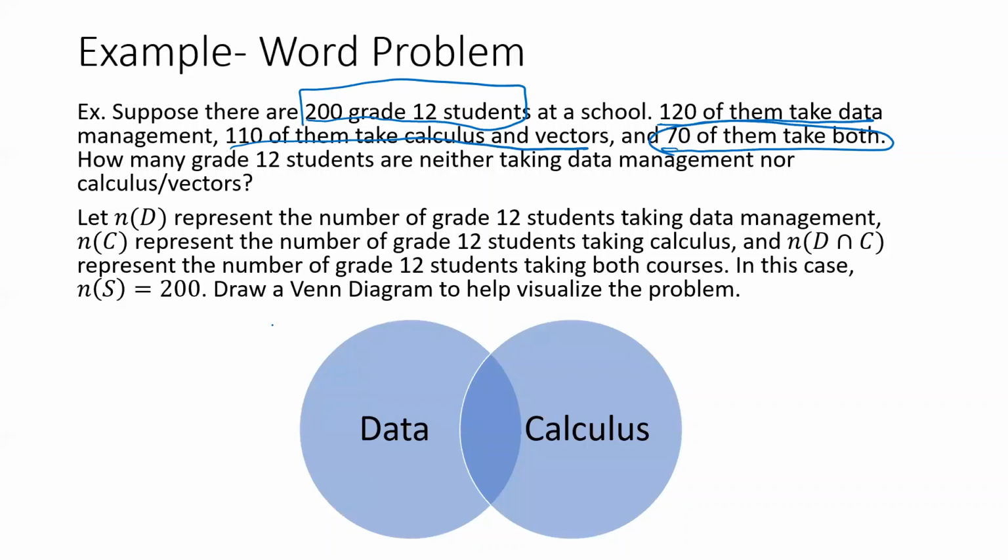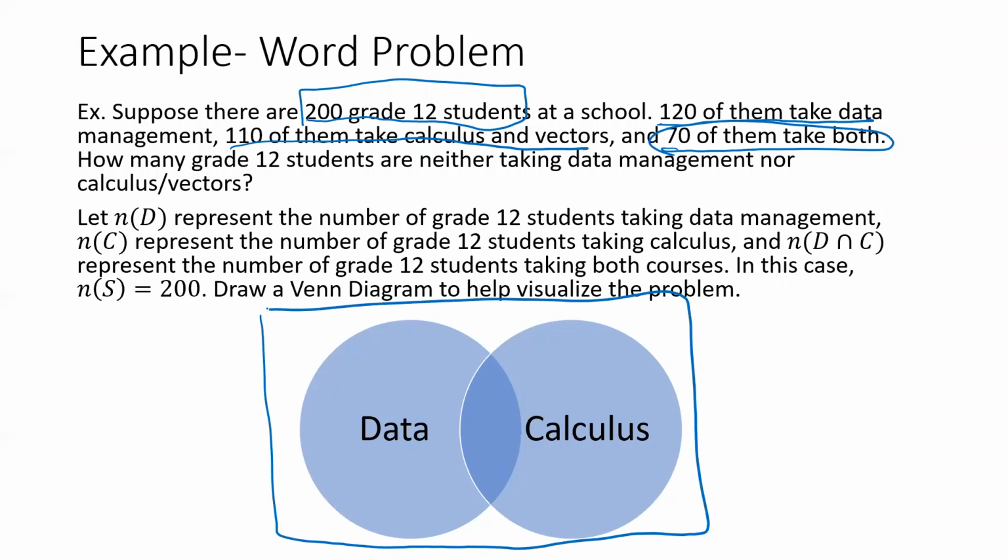First thing I would do is put a nice little rectangle around it, because this is going to represent the sample space. We know that the total sample space is 200. And what else are we given? We're told that the students that take data management, so this whole little group here, is 120.